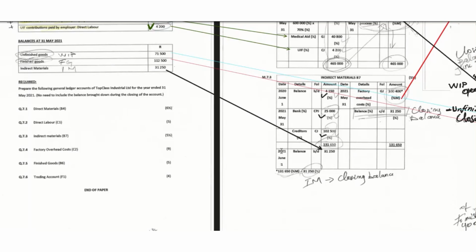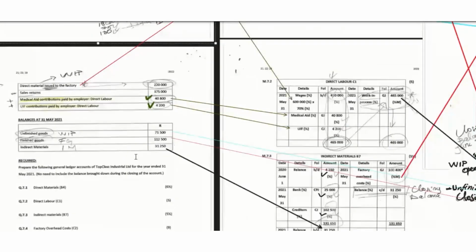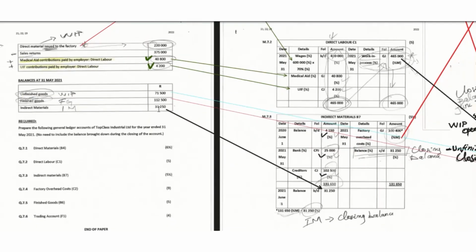But we need to find out if there is a closing balance. Is there an indirect material closing balance? There is. This is very important. This must not be part of the total because it was left out. It's the closing balance. That's the reason why we're going to add the opening balance plus what transpired during the month, but we're going to leave the 31,250 outside, which by the way is the balance.